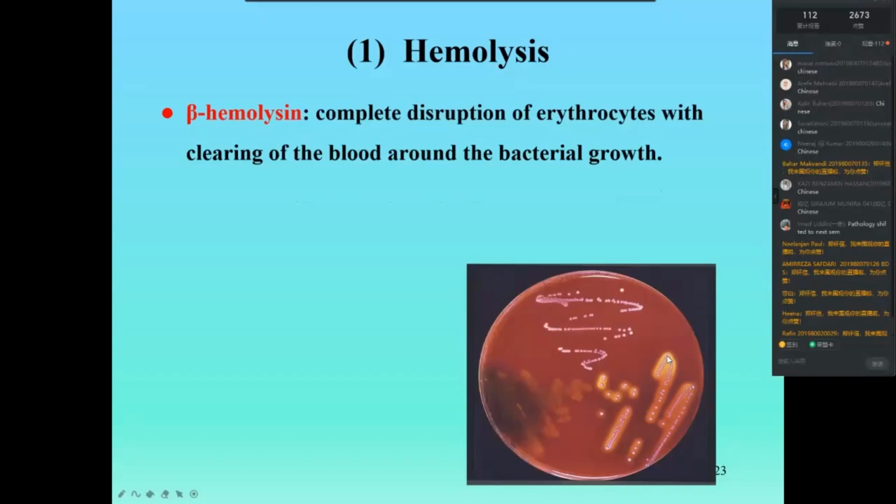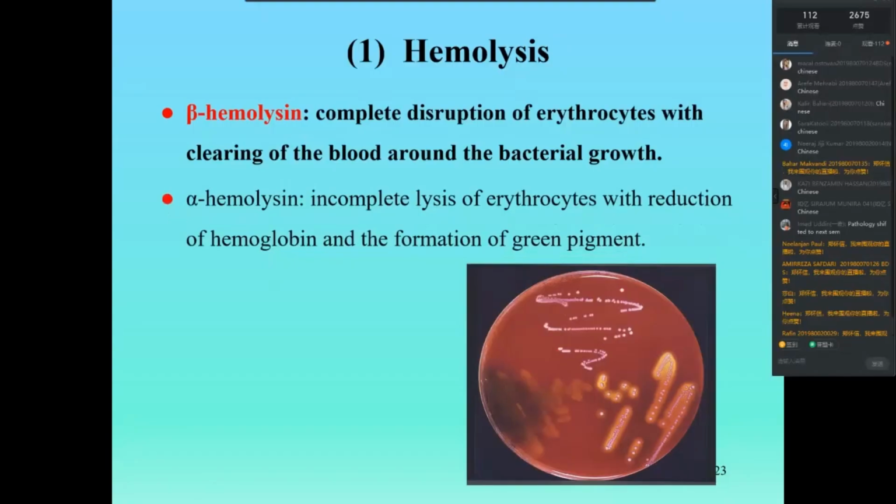Another type is called gamma hemolysin. Gamma hemolysin actually doesn't lyse the red blood cells. Like this on the top, you cannot see any change in the agar. They are not hemolytic. But I don't know why they got the name of gamma hemolysin, even though they don't lyse red blood cells.